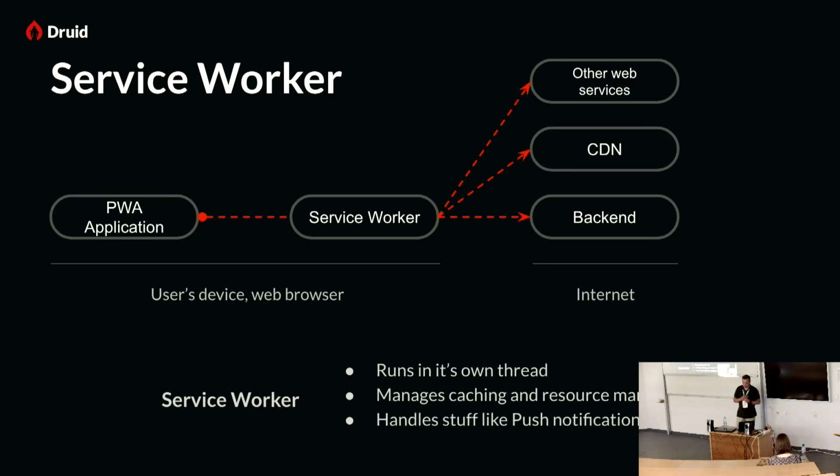It runs in its own thread, which means it's separate from the browser window, so it can do stuff in the background. For example, it can handle push notifications. When a push notification comes, the service worker is alive but the application window has been closed, so the service worker gets the notification and pushes it to the screen.